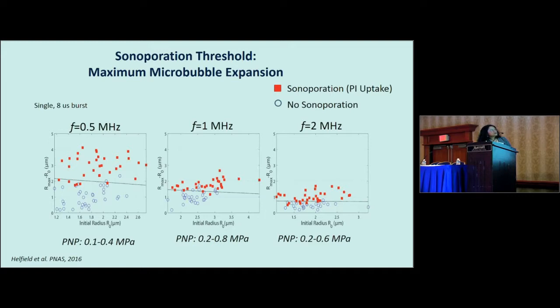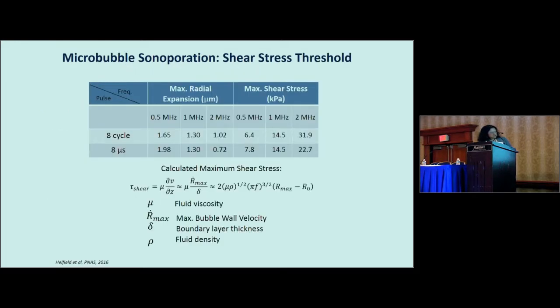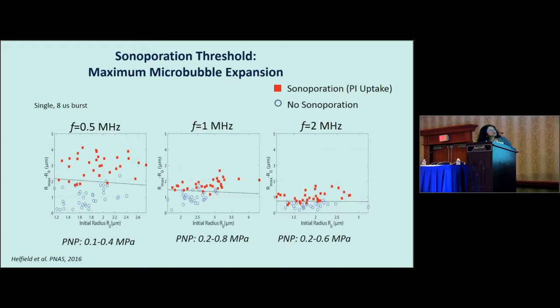Interestingly, what we found is that regardless of the radius, there seemed to be a threshold of absolute excursion of the microbubble, above which sonoporation would occur and below which it would not. And this was approximately frequency dependent. So again, there seemed to be a threshold.